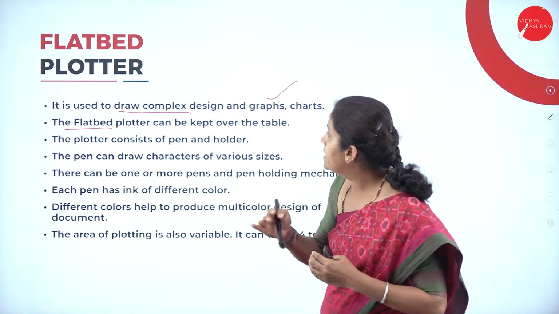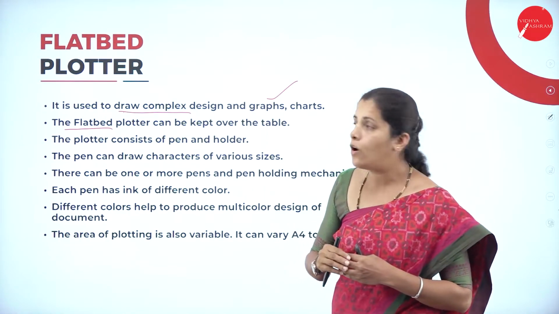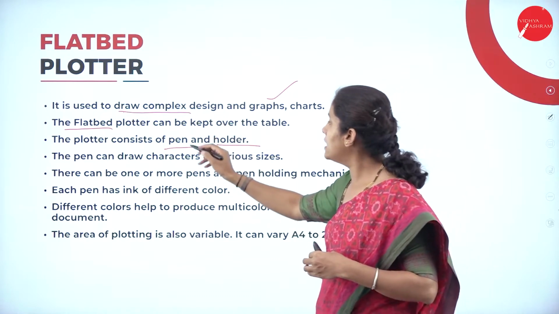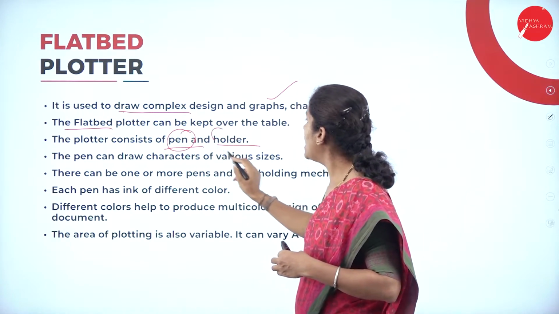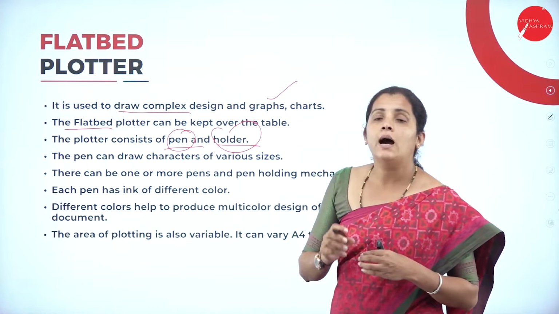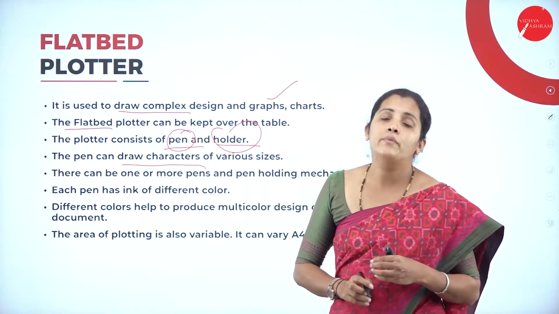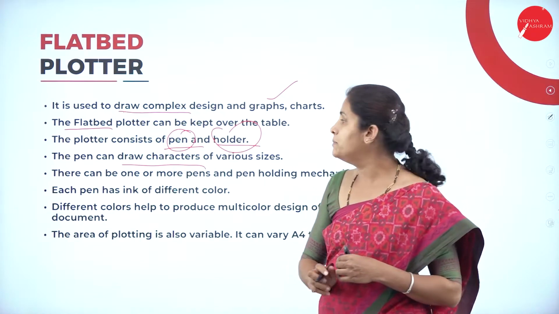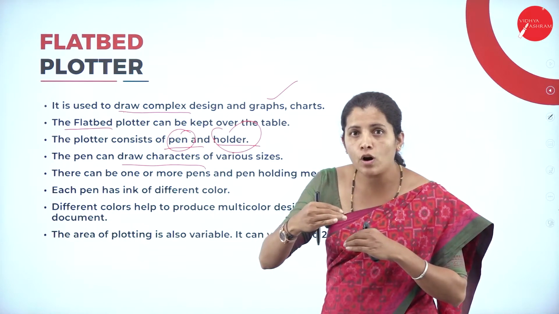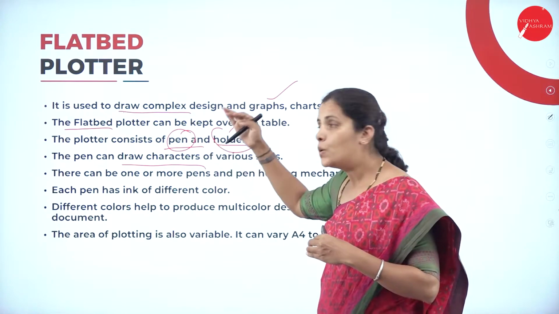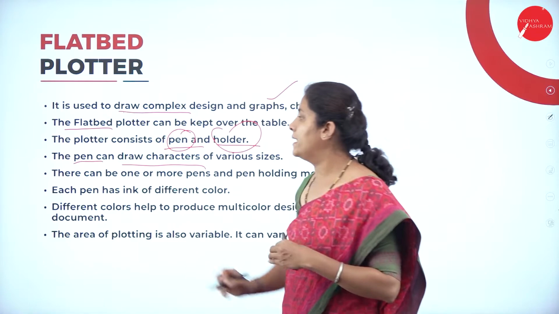A flatbed plotter consists of pens and holders. The pen can draw characters of various sizes. That means it is possible to draw characters of various sizes with the help of the pen.